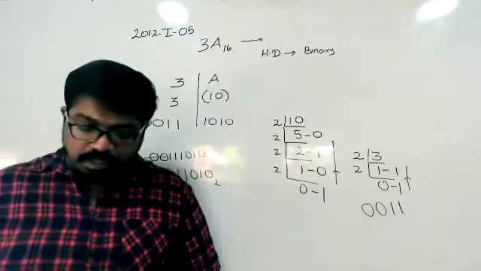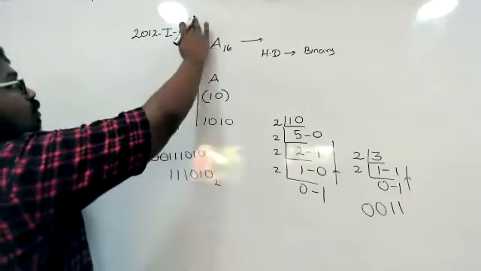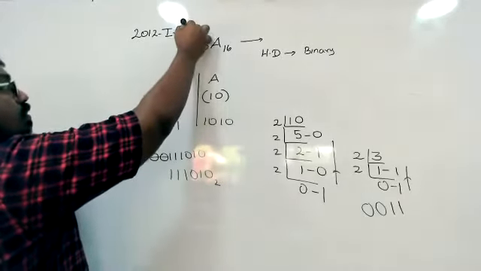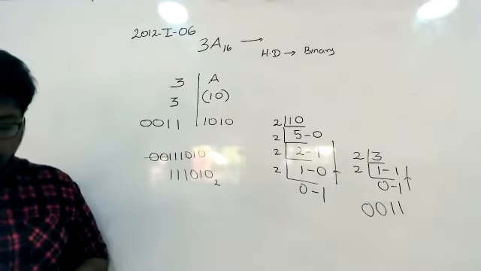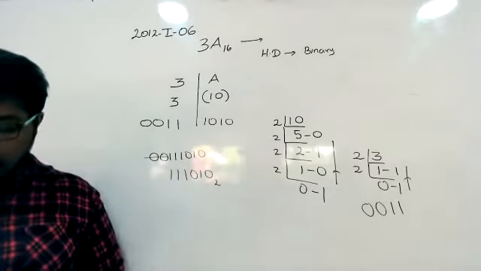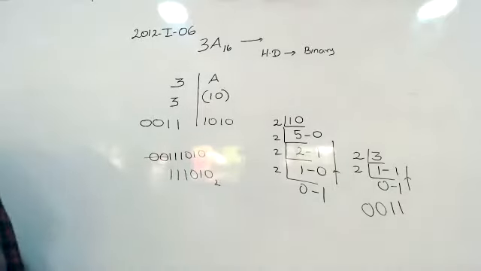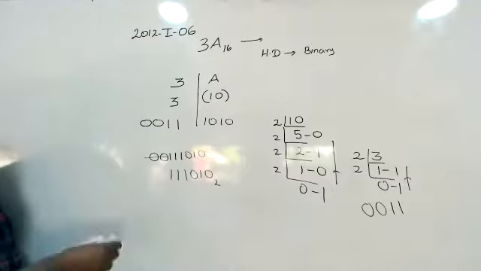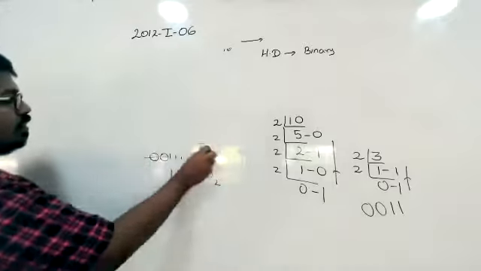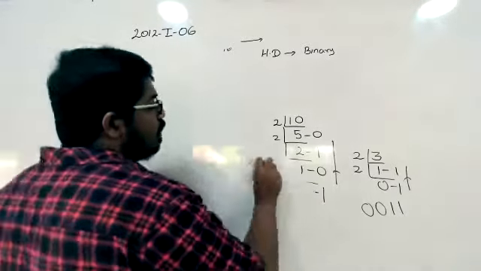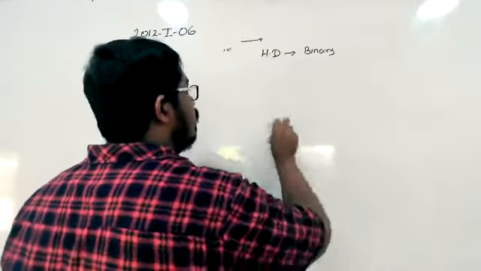Now 2012 paper question number 6. Question number 6 is: the decimal equivalent of the number 1010101 base 2. So in the 2012 part 1 sixth question, they gave you the binary number and asked you to find out the decimal equivalent.